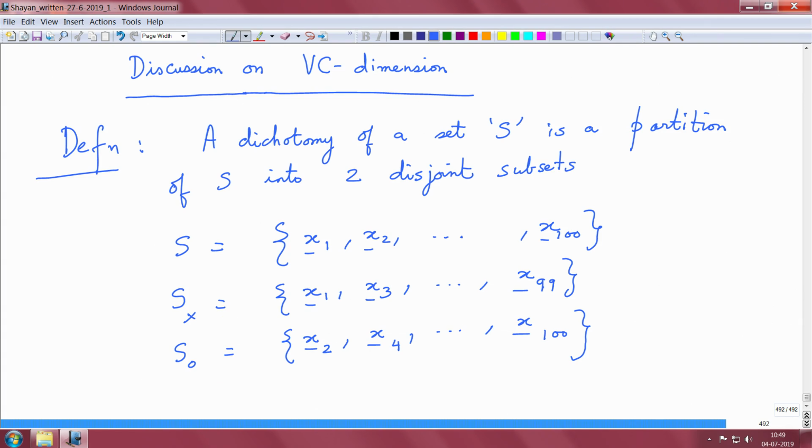So, x1 gets the label 1, x3 gets label 1, x99 gets label 1, so on, and then x2 gets label 2, x4 gets label 2, x100 gets label 2, and so on, right. This is basically a partition of this set into two disjoint subsets, sort of corresponding to our two class problem, right. This is just a two class problem.